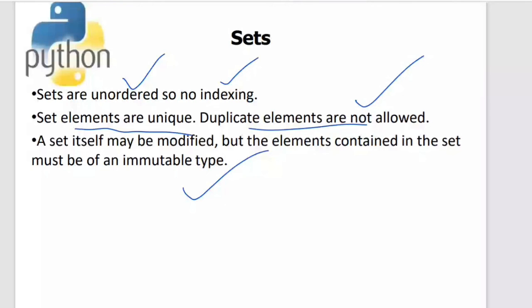In the previous case I said there are 1, 2, and then I have a list like 5 and 8 and all this. These are the elements inside the set, right? The elements inside the set should be immutable.